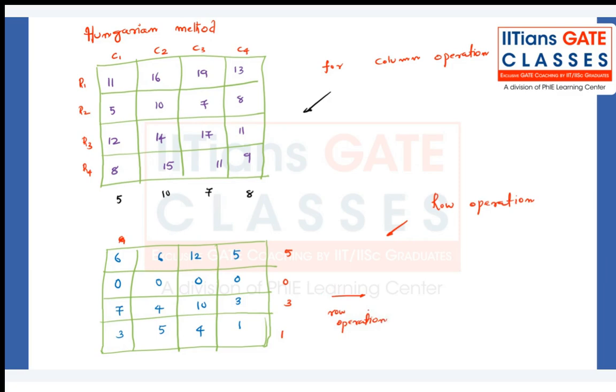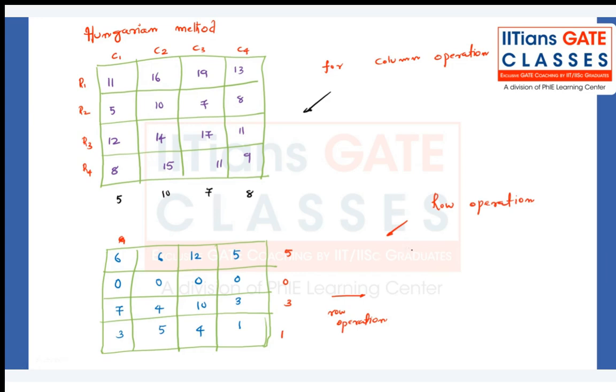After the row operation, deduct 5 from the whole first row: 6 minus 5 is 1, 6 minus 5 is 1, 12 minus 5 is 7, 5 minus 5 is 0. I'm using different colors so that it is easy for you to differentiate.